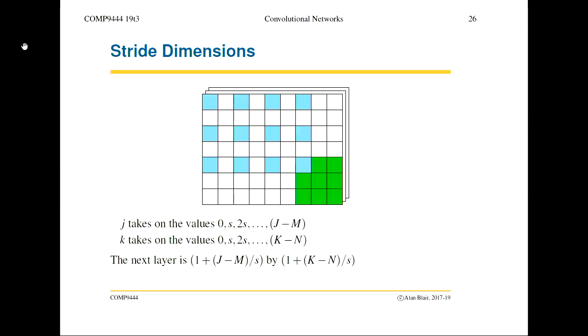This is another way of shrinking the size of the next layer without using max pooling. I start with something that's 6 by 7, and then I go to another layer that's 3 by 4, because the stride is 2.